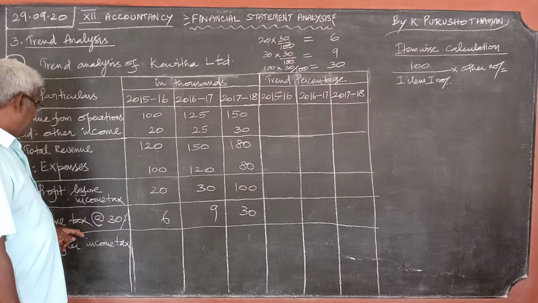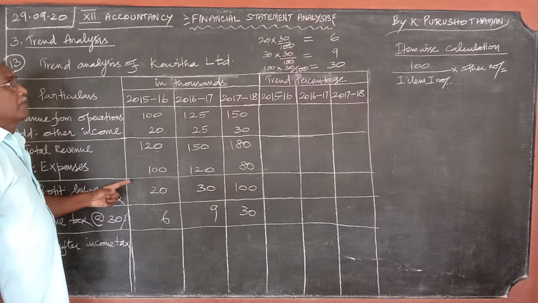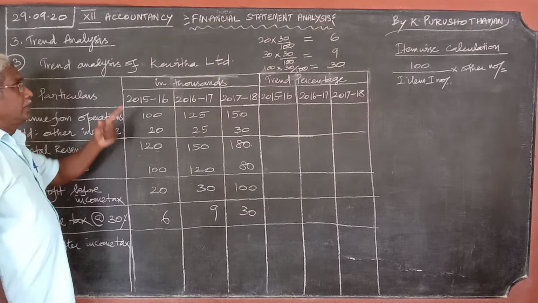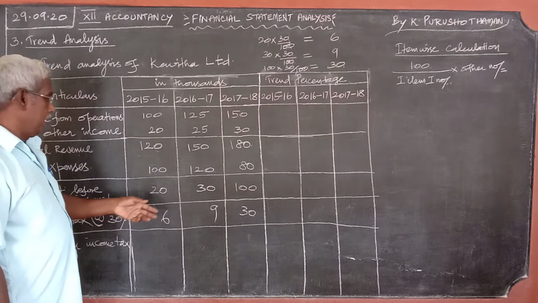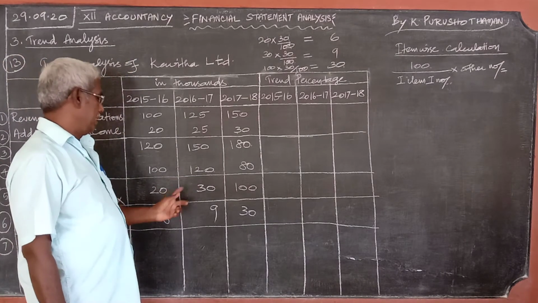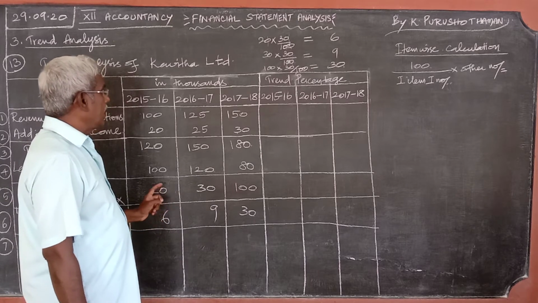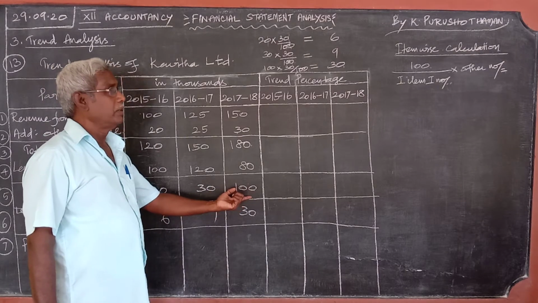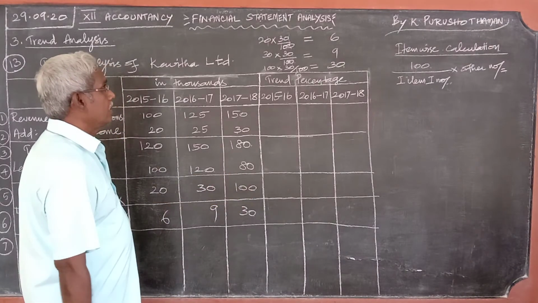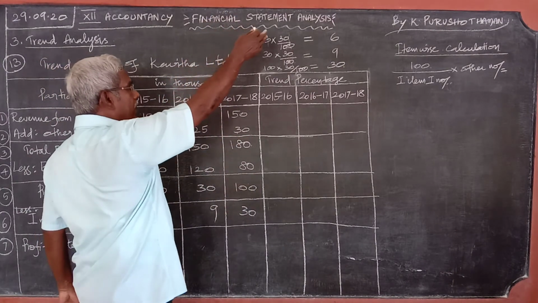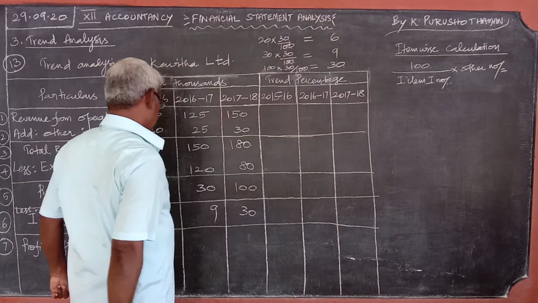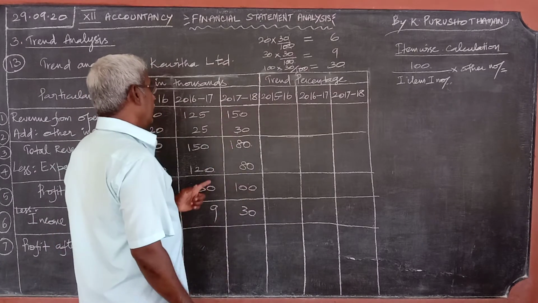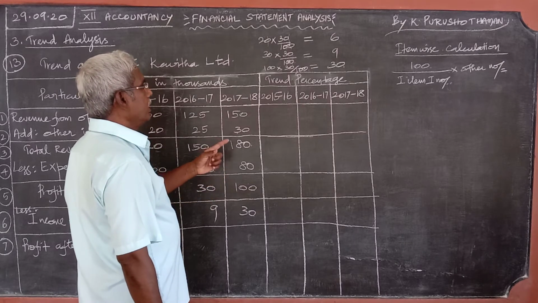See, 30% income tax on the profits before tax. So 30%, 20 into 30 by 100. For 30 rupees profit, 30 into 30 by 100. You should remember all these are in thousands. This is 20,000, 30,000, this is 100,000, it means 1 lakh. So for the first year 6,000, 9,000 and 30,000. Then the third year, 100 into 30 by 100.